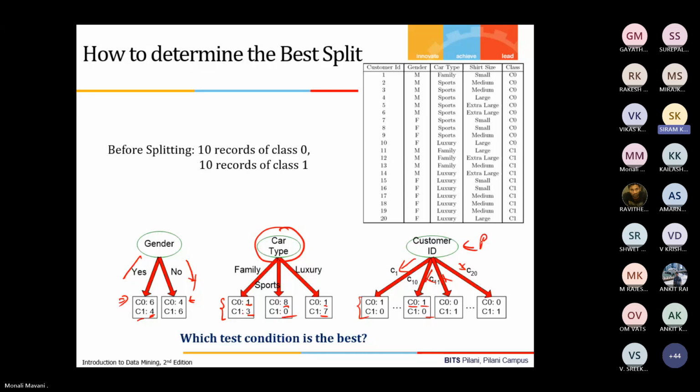Customer ID. This is the purer node, because all of my leaf nodes have got only 1 class representation. What about car type? Multi-representation. But still it is pure, because the imbalance is high. We have more examples belonging to the same class.